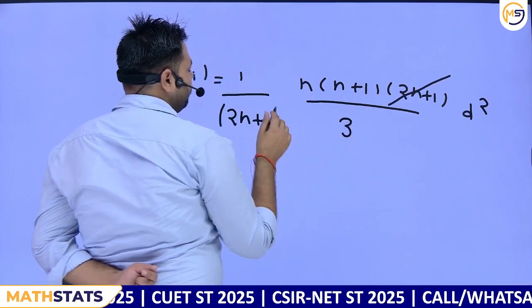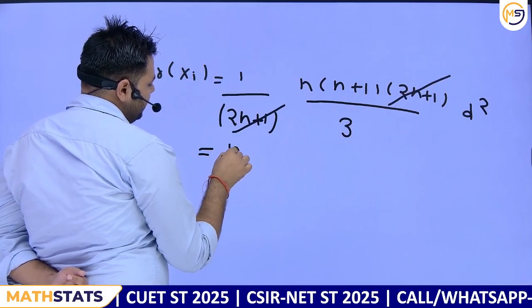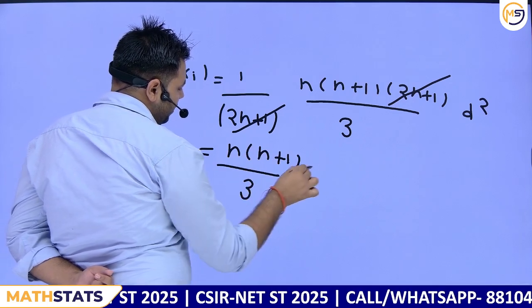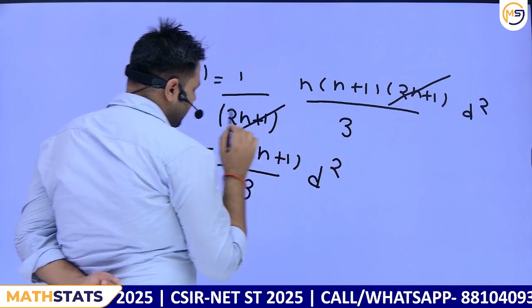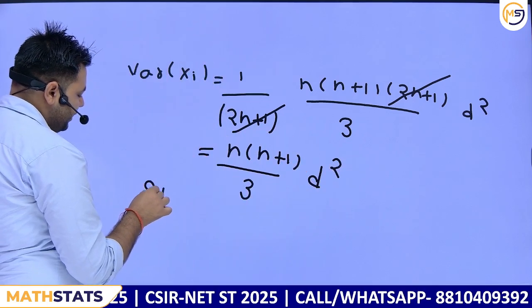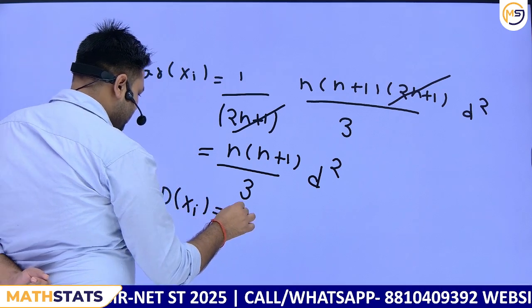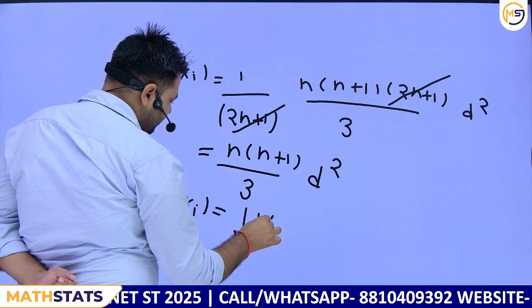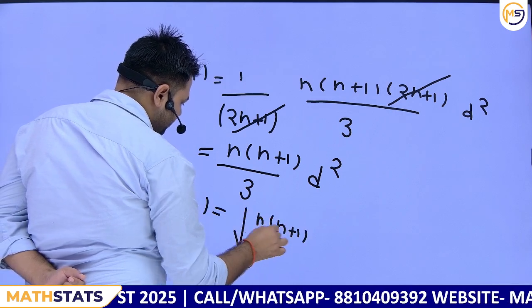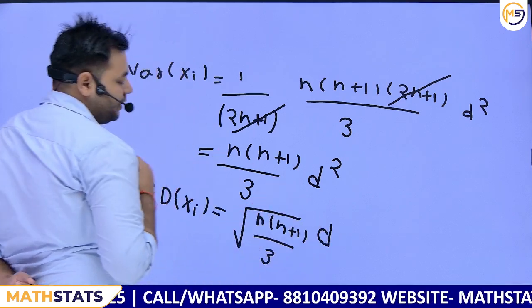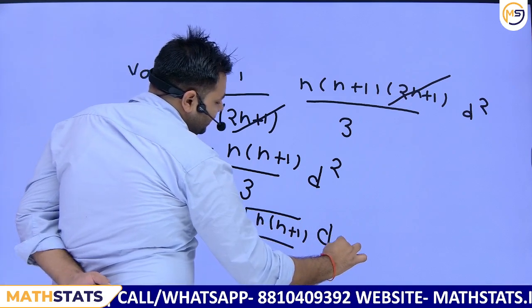So 2n plus 1 will cancel out, and you will get n plus 1 by 3 d square. Now what is the standard deviation? The standard deviation of xi is root over n plus 1 by 3 into d, right? This is the standard deviation and this is the variance.